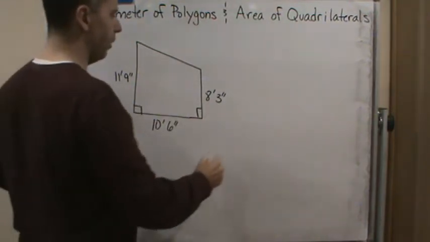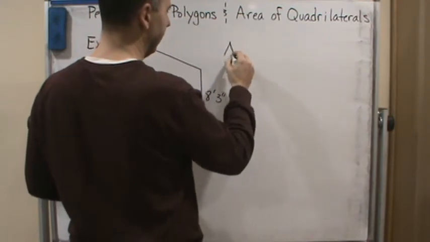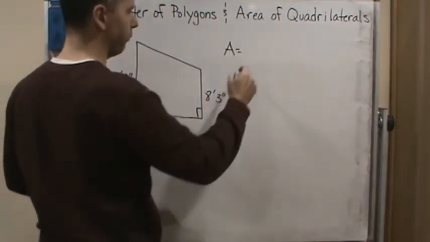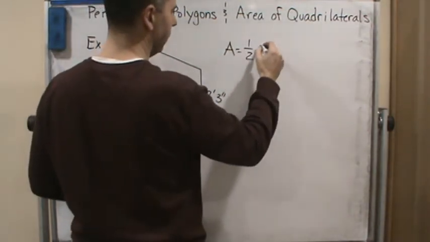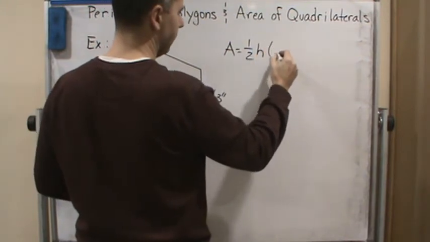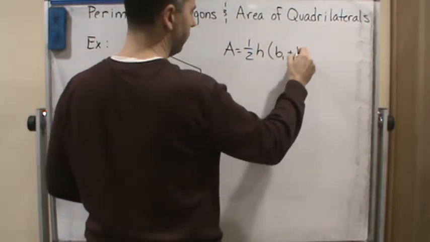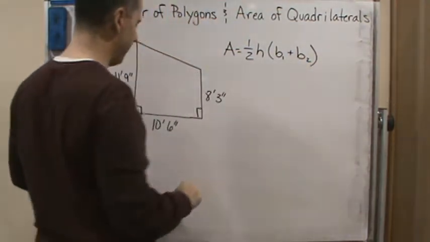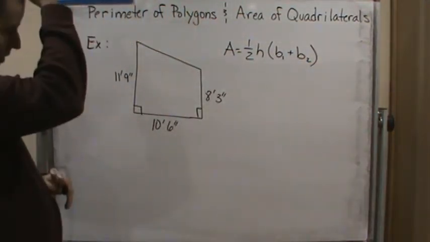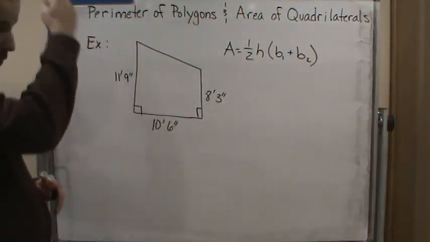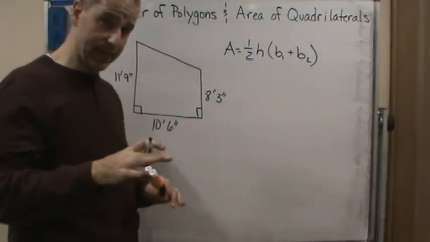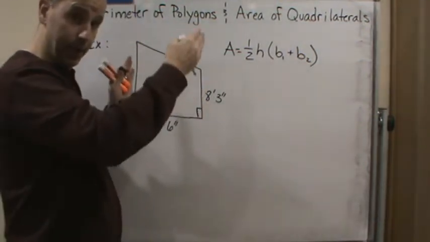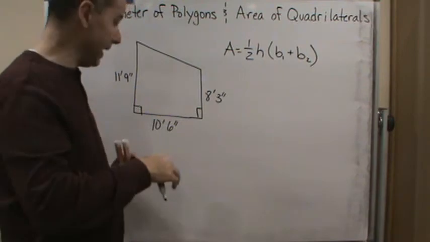Okay, so now let's write the formula. The area formula is 1/2 times the height times the sum of the bases. Well, the height in this case is what? Here's where you have to do a little bit of gymnastics. Remember, the parallel sides represent the bases.